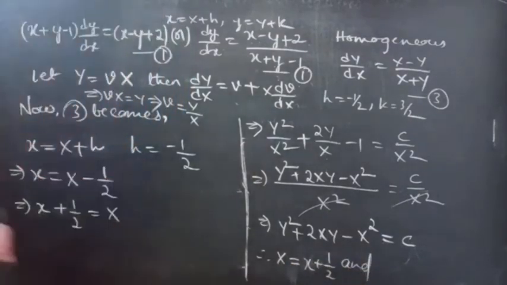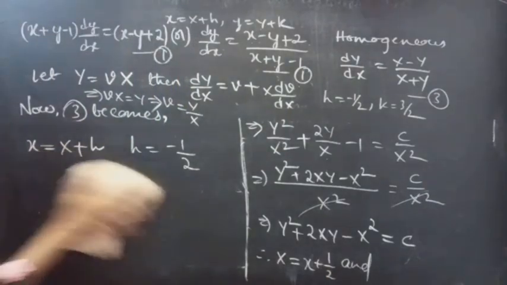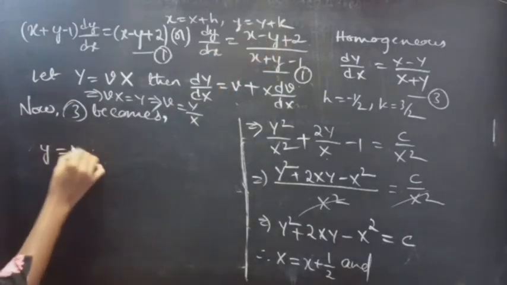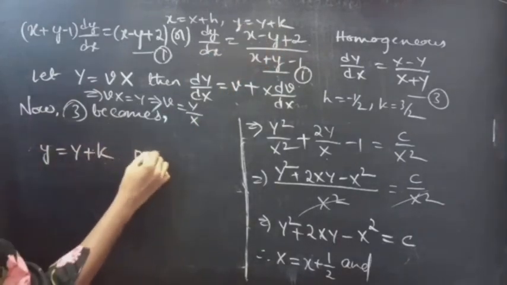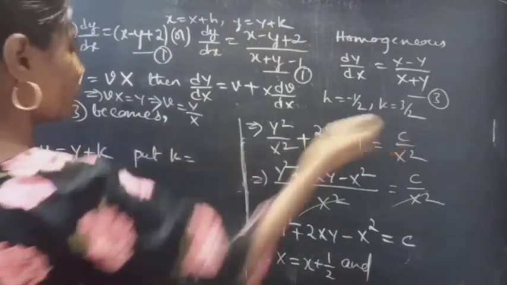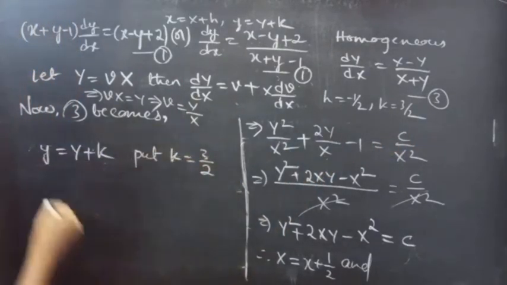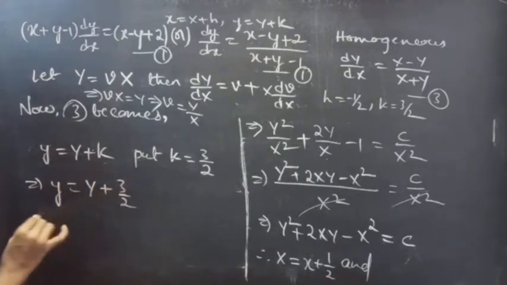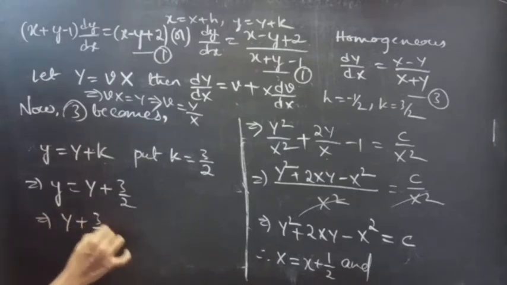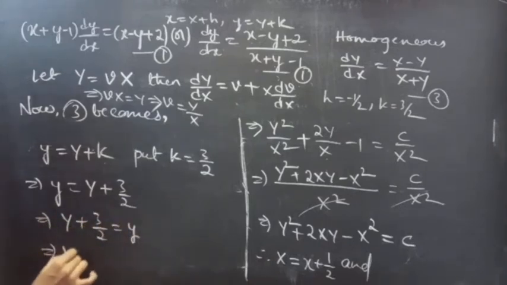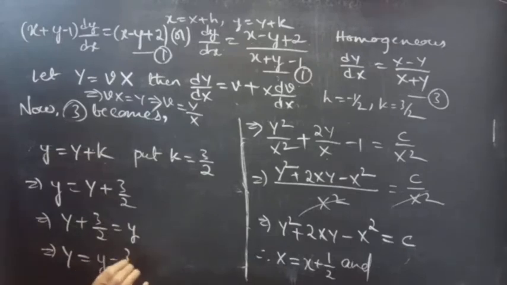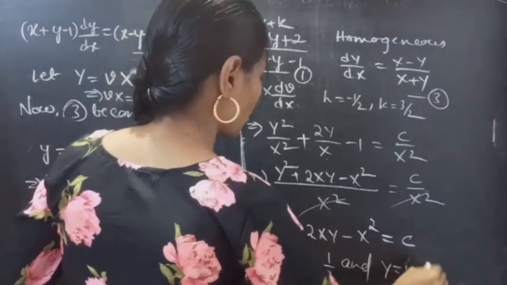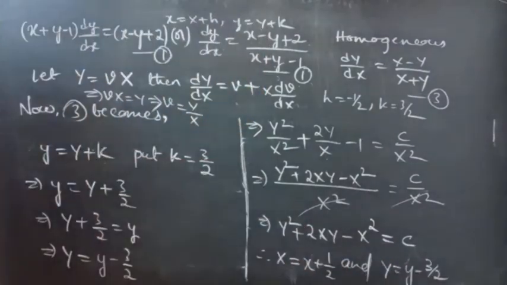And now consider y equals capital Y plus k, and put k equals 3 by 2. Then you'll get y equals capital Y plus 3 by 2. From this you'll get capital Y equals small y minus 3 by 2.